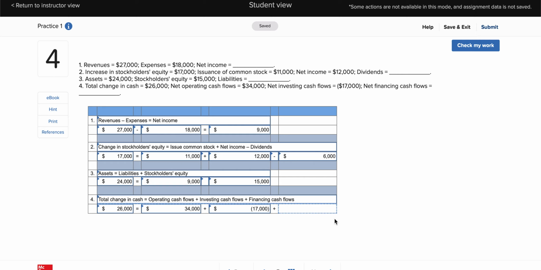On the left, that's what the number is. Let's see what I'm up to on the right-hand side. I have 34,000 minus 17,000, so I'm at 17,000 already. What does it take to get to 26,000 on this side? So I'm just going to say 26,000 minus that 17,000. I'm looking at $9,000 here as a positive. So 34 minus 17 plus 9 is equal to 26.